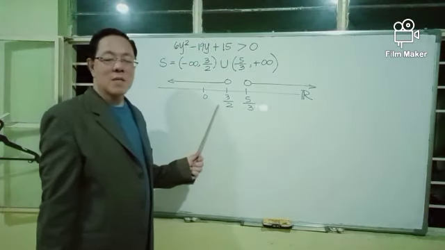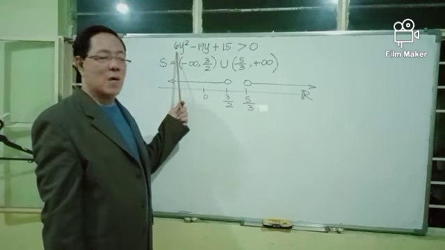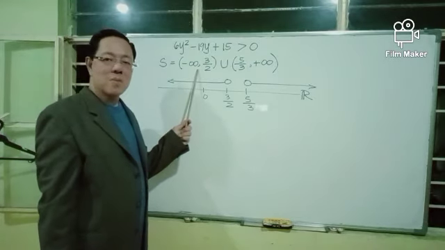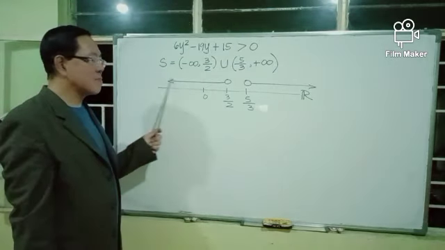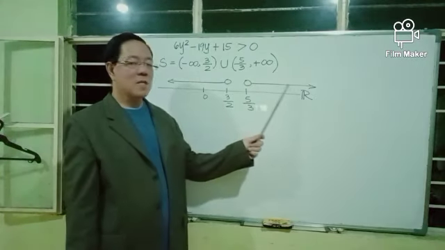And this is the diagrammatic representation of the solutions of this quadratic inequality: the union of this open interval represented by this arrow and this open interval represented by this arrow.